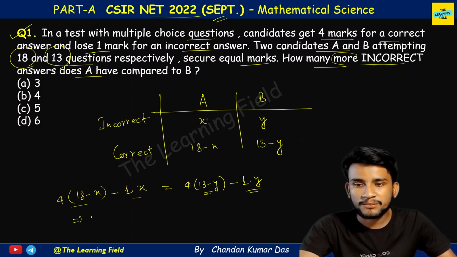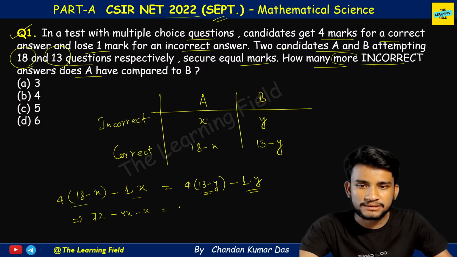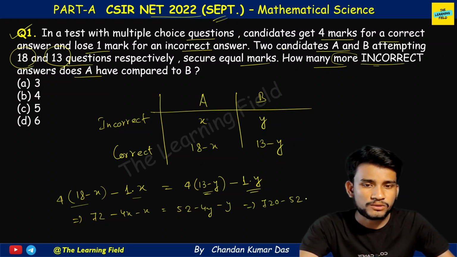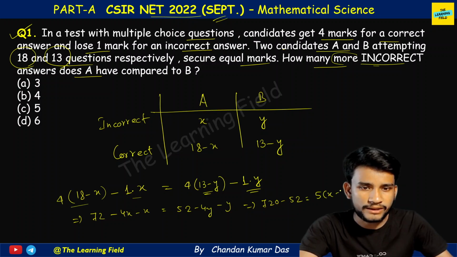Therefore we simply calculate: 72 minus 4x minus x is equal to 52 minus 4y minus y. So this implies 72 minus 52 is equal to 5 into x minus y.